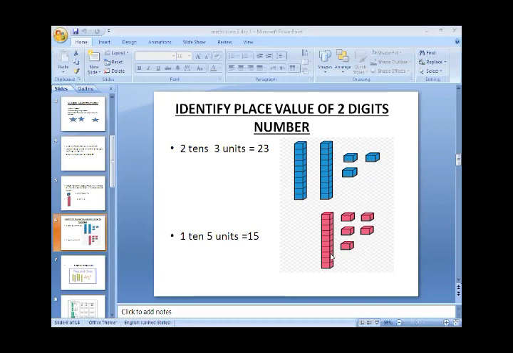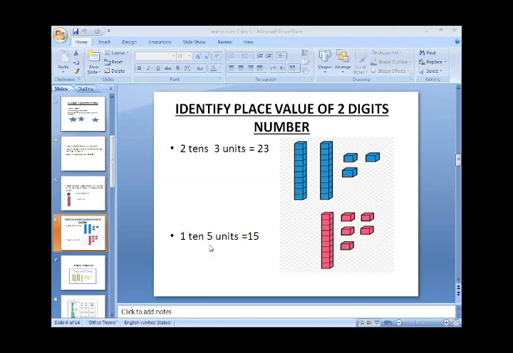In the second picture you can see there is one group of 10 blocks. So one group of 10 blocks means 1 ten. And you can also see there are 5 individual small blocks. So what will we write here? These are 5, so we write 5 units because these small blocks show 5 units.